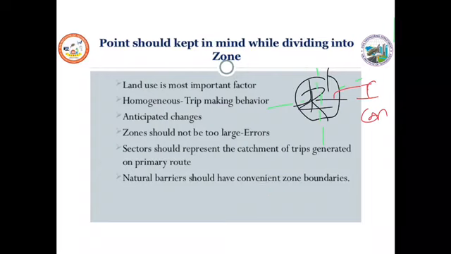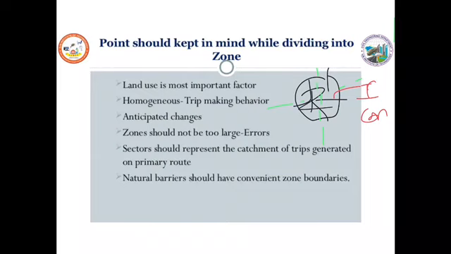Also, there must be a number of internal cordon lines arranged as concentric lines to check the accuracy of the survey data. As I already mentioned, screen lines are lines which run through the study area to check the accuracy of the data collected, and they are located along physical or natural barriers like rivers, railway lines, canals, etc.